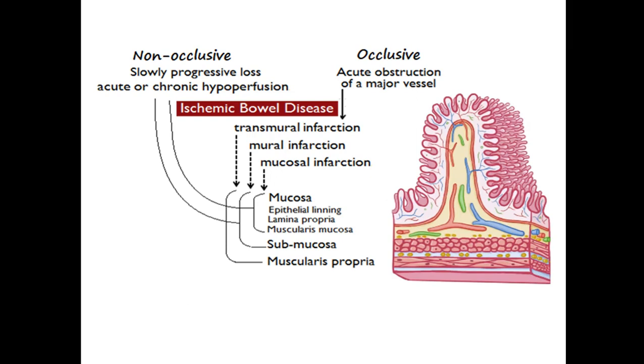If the ischemia and infarction becomes more severe, it may cause mural infarction, in which the mucosa as well as the submucosa are also involved. While the occlusive type of ischemia or infarction, which is characterized by sudden obstruction of the blood supply from a major vessel, will cause the infarction of the total thickness of the intestine, and this is known as the transmural infarction.